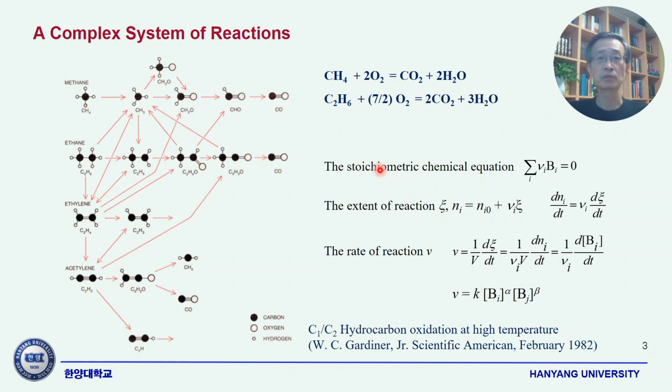This stoichiometric chemical equation could be written in this way: B is a chemical species, and nu is the stoichiometric coefficient. In this case, the stoichiometric coefficient is positive for the products, and for the reactants it is given as a negative number.